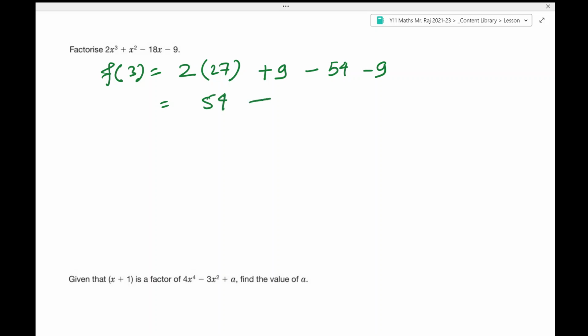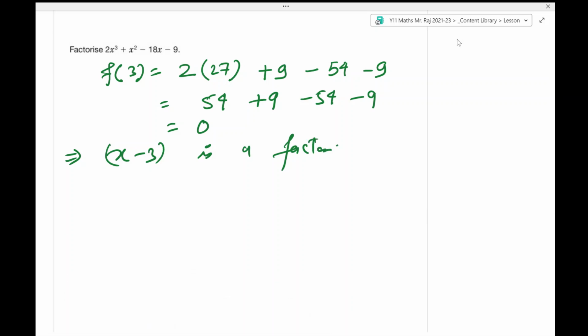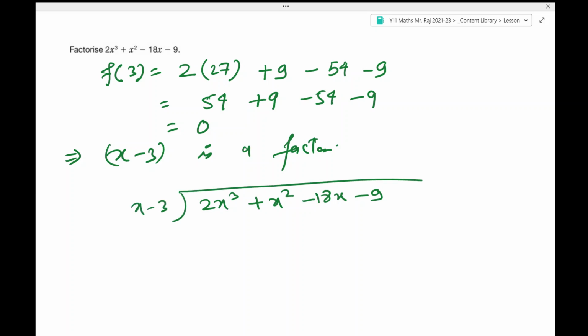That is 54 plus 9 minus 54 minus 9, which is 0. It means that x minus 3 is a factor. Okay. If x minus 3 is a factor, I can actually divide this. So 2x cubed plus x square minus 18x minus 9. Let's divide it by x minus 3.